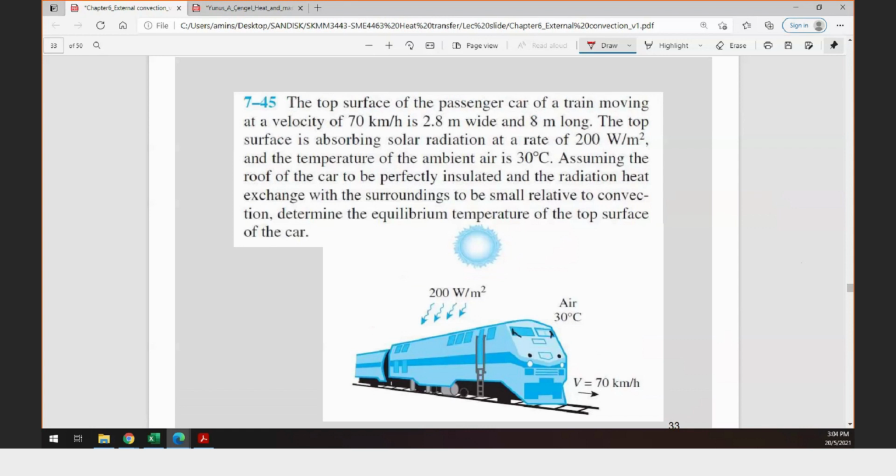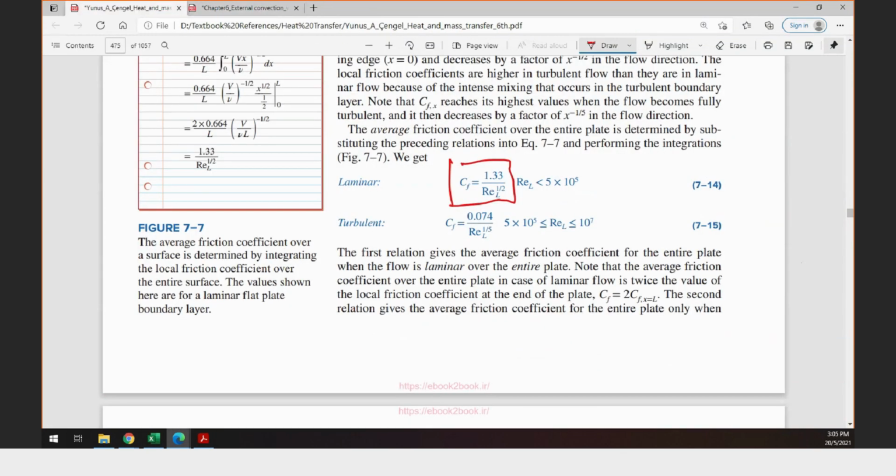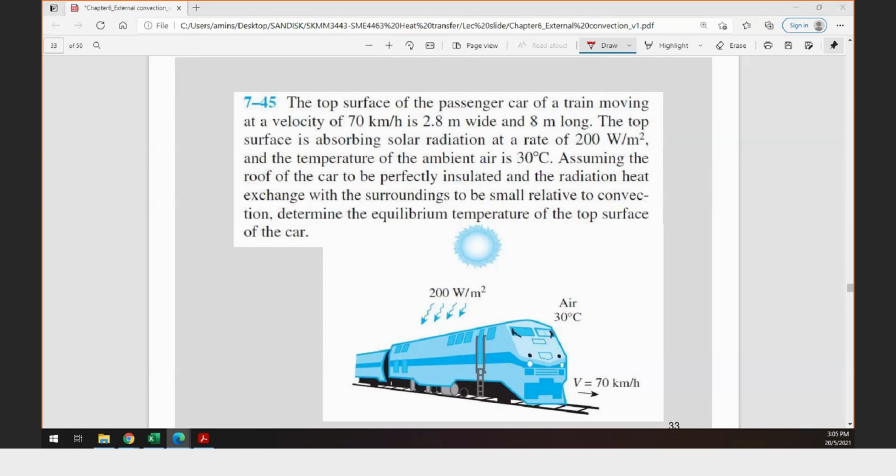You can look at this problem in the textbook.